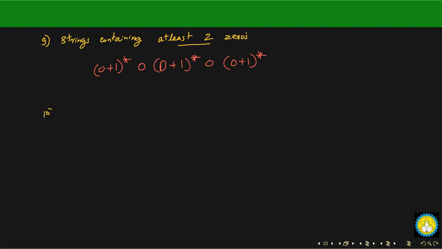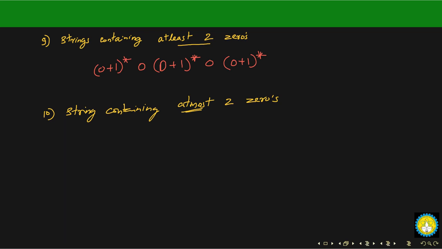Let's look at the next question. The next question is just a variation from this question. Strings containing at most 2 zeros. So this is going to be slightly tricky. Here the term is at most.